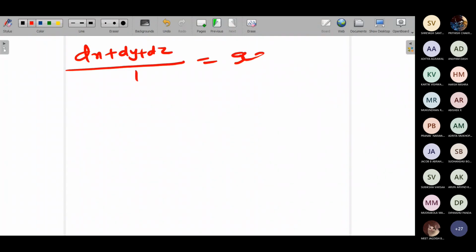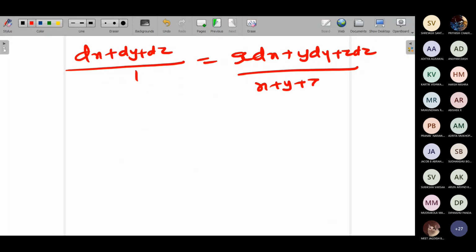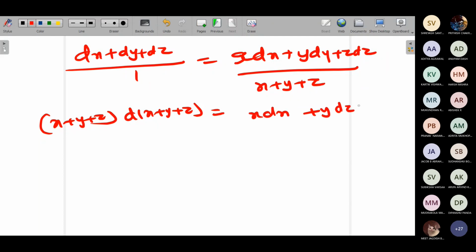On the other side, I have x dx plus y dy plus z dz divided by x plus y plus z. Now this I can cross multiply. I can write this as x plus y plus z into d of x plus y plus z equals x dx plus y dy plus z dz.